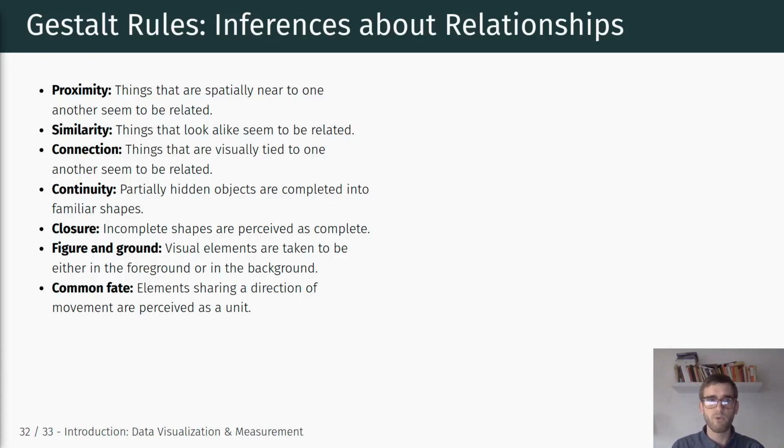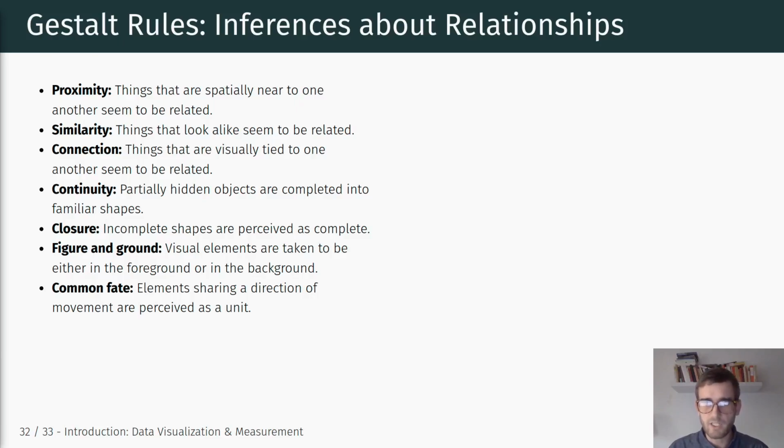So, for example, proximity: things that are spatially near to one another seem to be related. Points in a scatter plot that are close to each other perceptually appear to be related. We have similarity, the shape: things that look alike seem to be related.